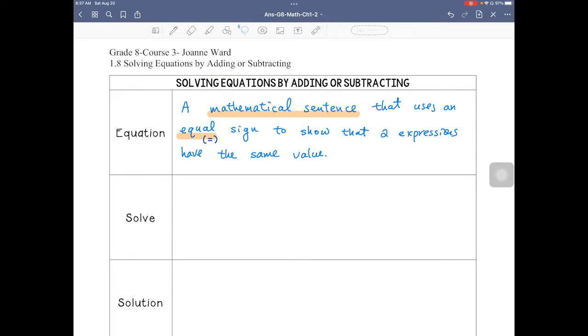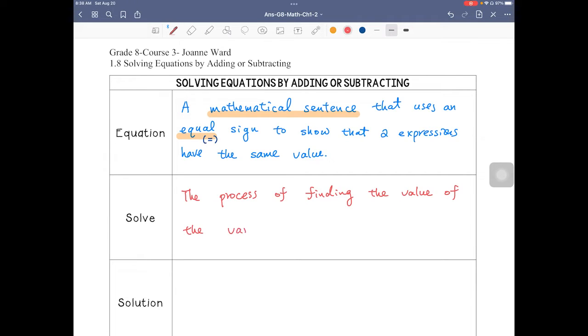So what is solving? To solve an equation is to find what the variable represents, the value of the variable. Solving is the process of finding the value of the variable.